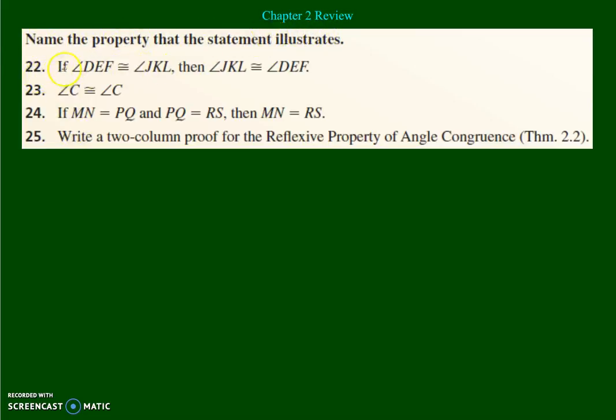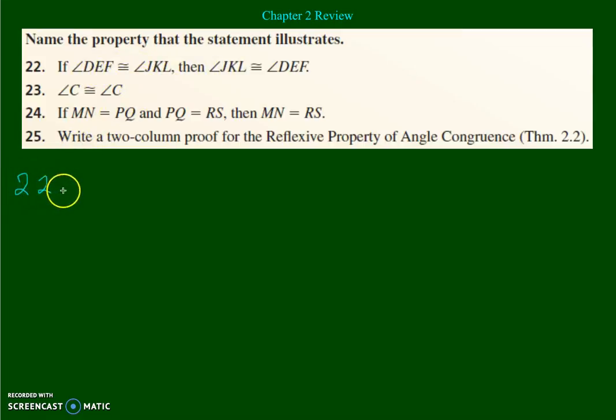So, problem 22, if angle DEF is congruent to JKL, then JKL is congruent to DEF. So all that happened was this swapped sides. When they swap sides, that is symmetric property of equality.